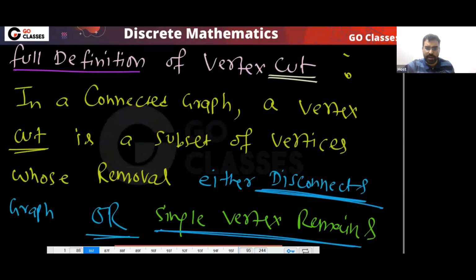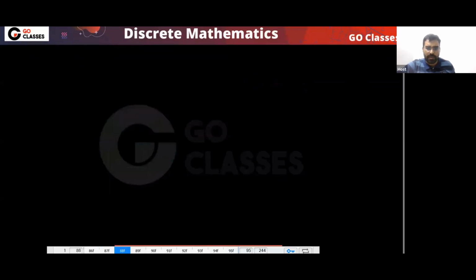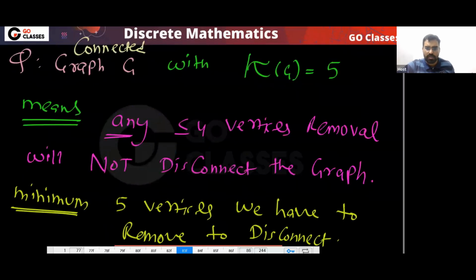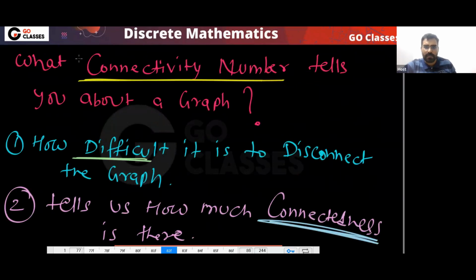One more thing. Remember what I told you, how easy it is to disconnect a graph. This connectivity number tells you how easy it is to disconnect the graph.